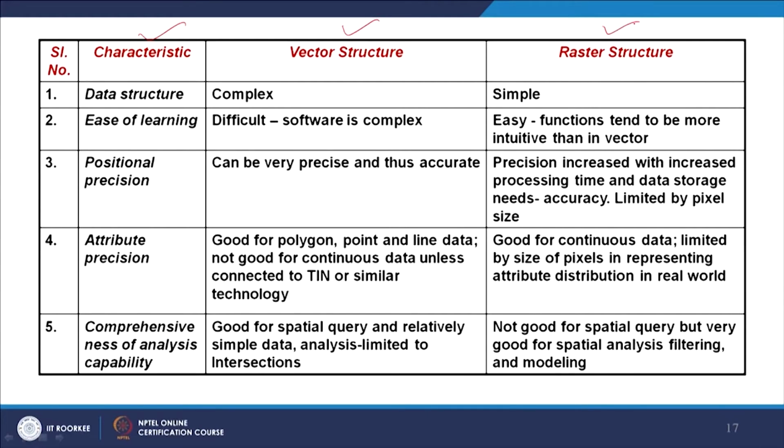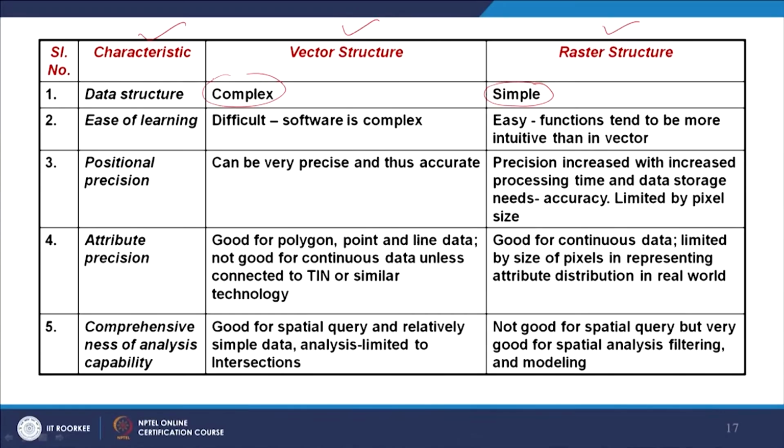In summary, raster data structure is simple compared to vector, which is complex. If I have to learn, then of course raster is simpler, because it is just a 2-dimensional matrix, a 2D array, whereas vector is sometimes difficult, and the software is also complex in that case.